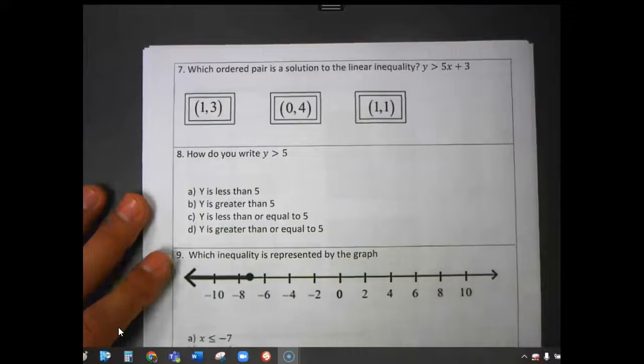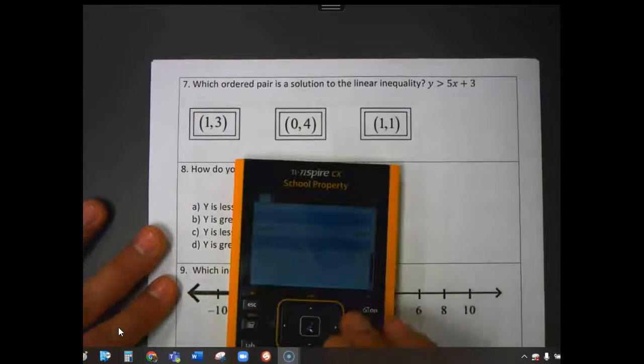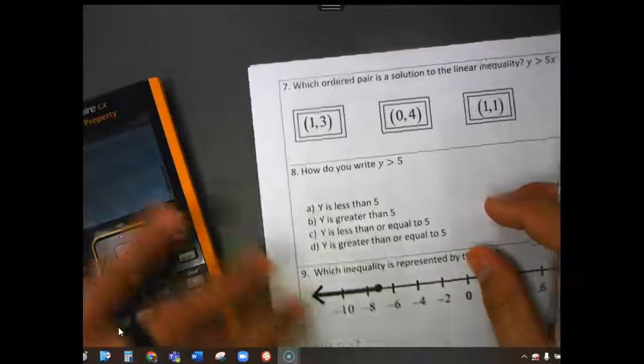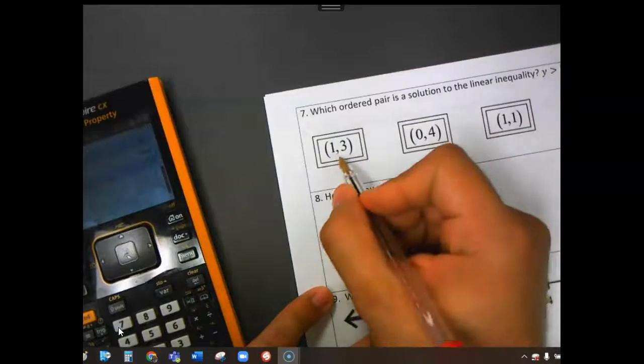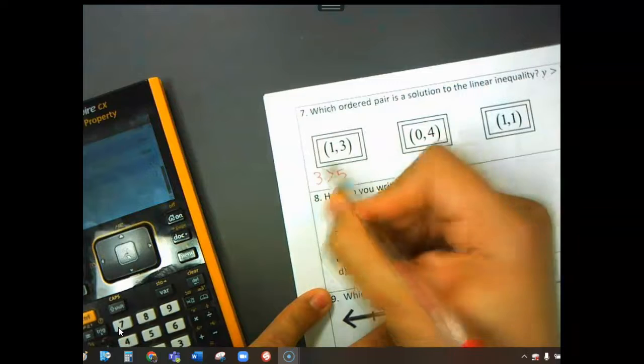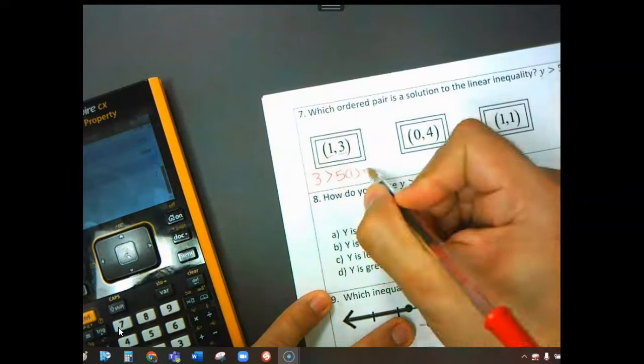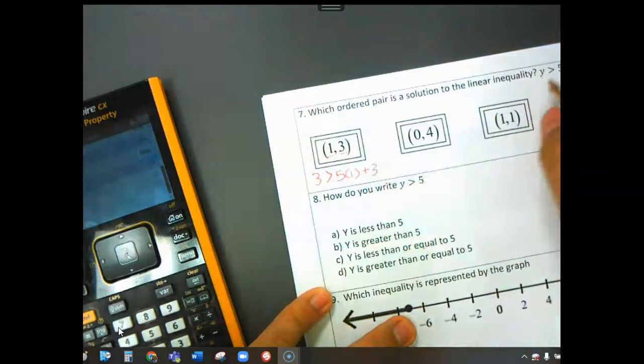All right, number 7. Which ordered pair is a solution to the linear inequality? Once again, our calculator can help us. Let's rewrite this inequality: y, which is 3, greater than 5x, which is 1, plus 3. Let's see if that's true or false. Let's write the other ones.